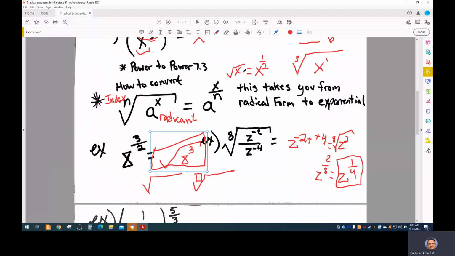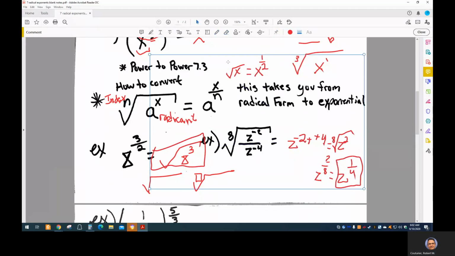So I use this sometimes to help me remember this formula. And then I can just think of it back and forth. So the numerator is what the inside is being raised to. The denominator is the index of the radical. Either way, whatever works for you. Okay, I'm going to erase that.